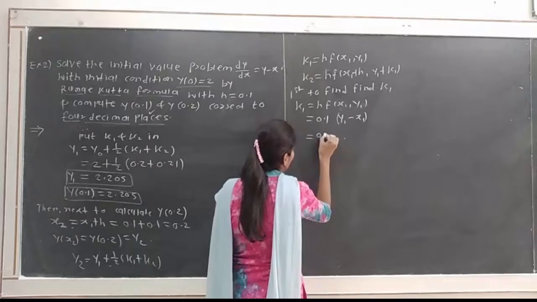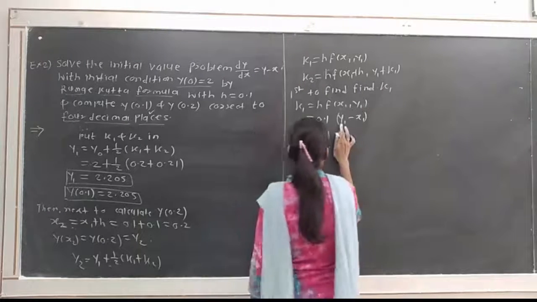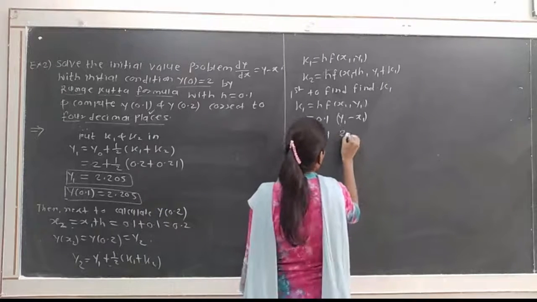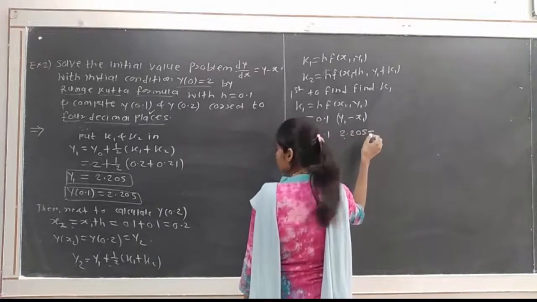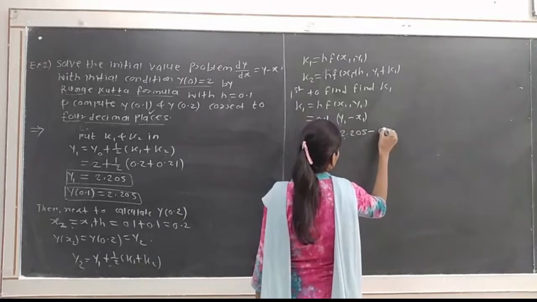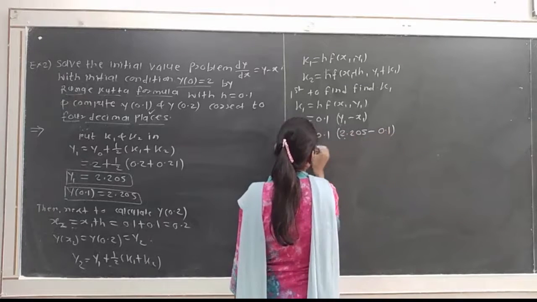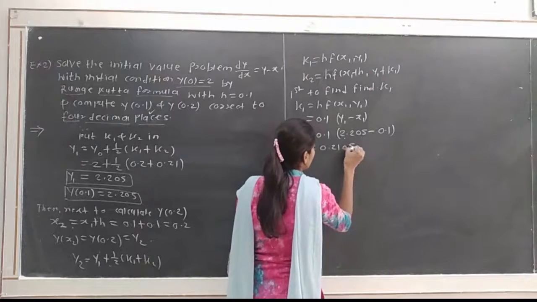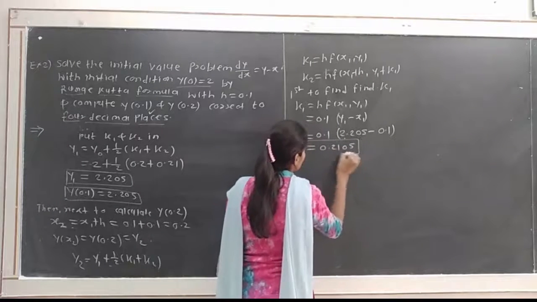At 0.1 we calculated y1 as 2.205 minus x1 which is 0.1. So we get 0.2105. This is the k1.